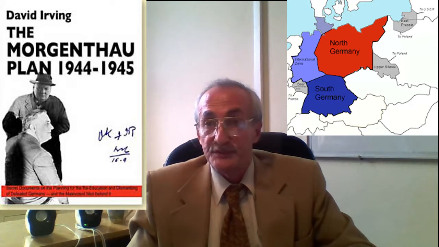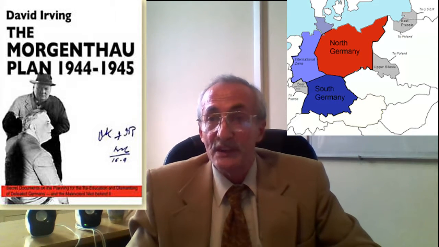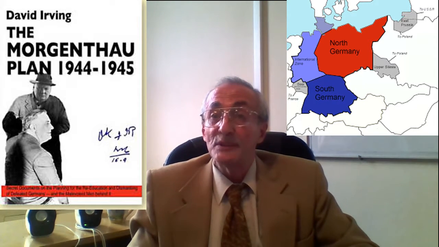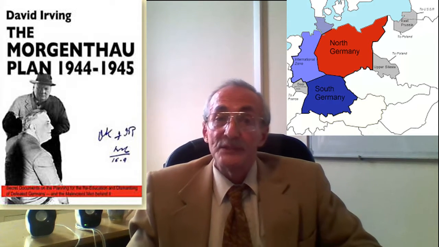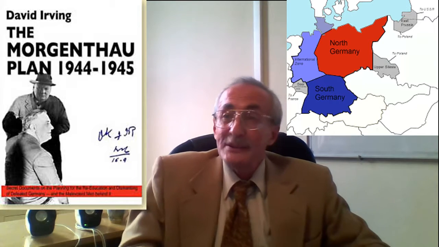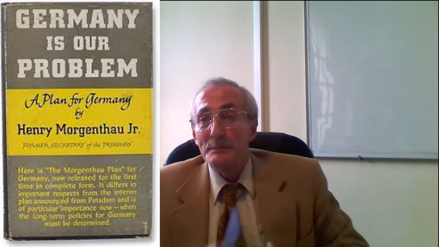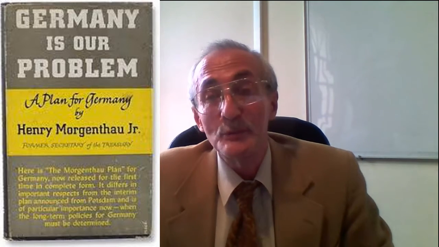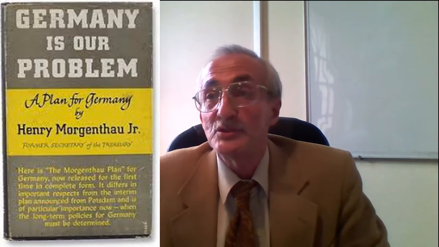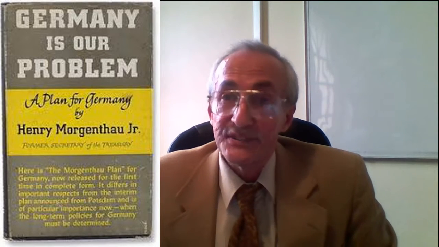So it was denazification, demilitarization, and one could even say an even tougher policy pursued by Secretary Morgenthau, who actually spoke about dismemberment and deindustrialization. So there were voices in Washington under Roosevelt that were even tougher in punishing Germany than Stalin.